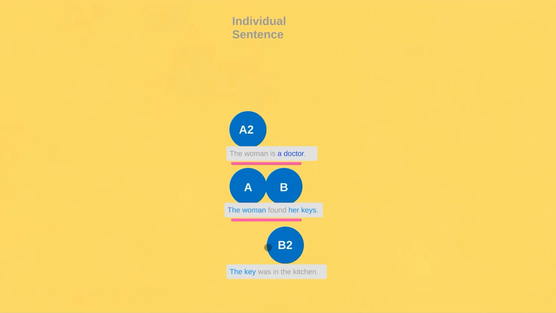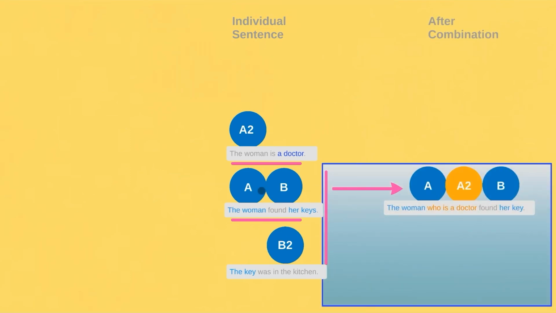In the previous sections, we learned how to combine two sentences together, and one of them becomes a relative clause. It will be like this. If I combine A1 plus A2, it will be the woman who is a doctor found her key.